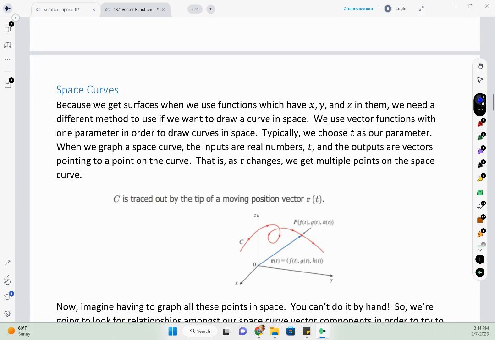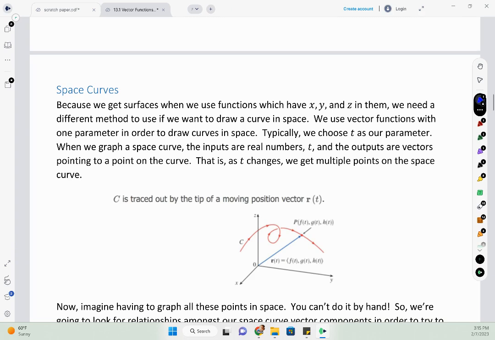This is kind of why we need vector functions, because as we saw in 12.6, when we are looking at cylinders and quadric surfaces, when we have x, y, and z involved in an equation, it's giving us a surface, not a curve. The only way to get a curve in 3D space is with a vector.